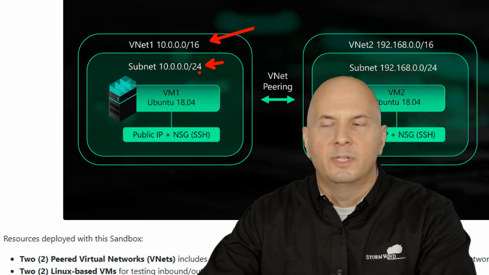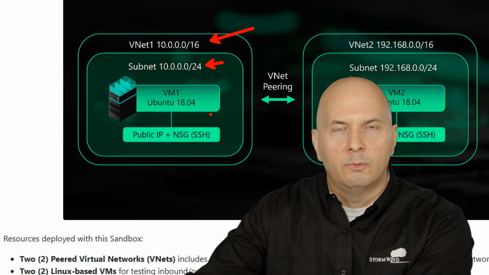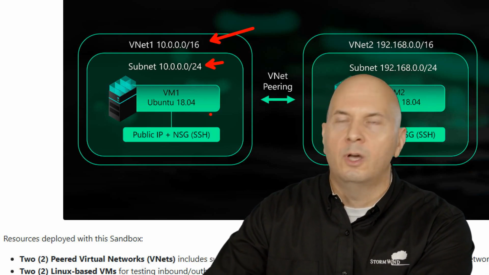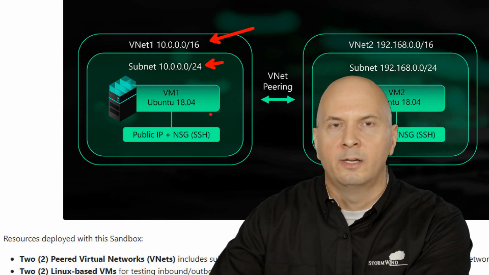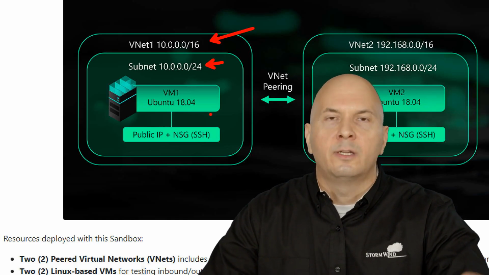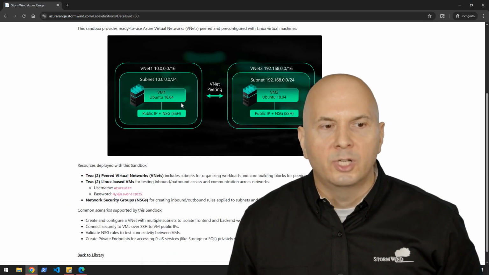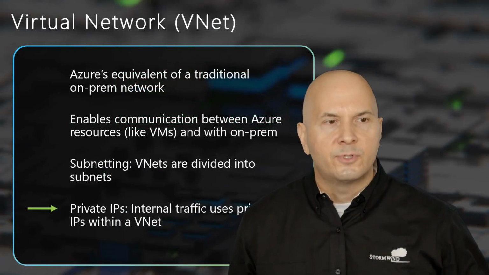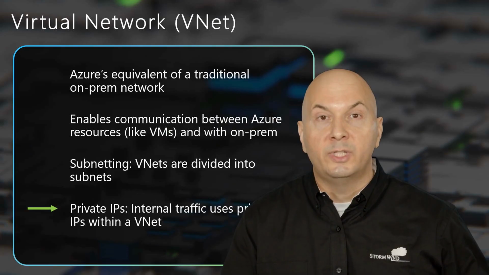I can create multiple subnets in there, but by default, we're just going to get DHCP in that address space when we spin up VMs. So if I launch a virtual machine into that subnet right there, it's going to get an address of 10.0.0.4 probably, because 4 will be the first usable address from an Azure perspective in that subnet range. Okay, so pretty cool. You don't have to do DHCP.